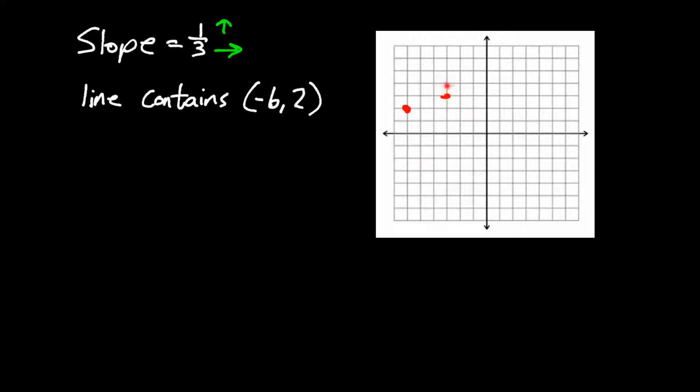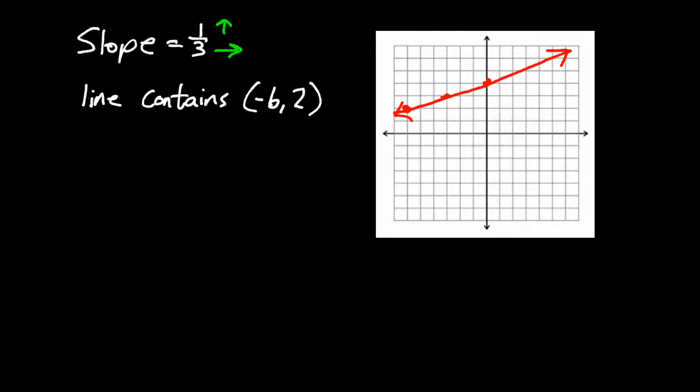Up 1 over 3. And that'll get us to right there on the y-axis. So we actually find our y-intercept. We didn't need to, but we did. And then we would continue this and eventually connect the dots. And we're going to have a line that looks something like this.